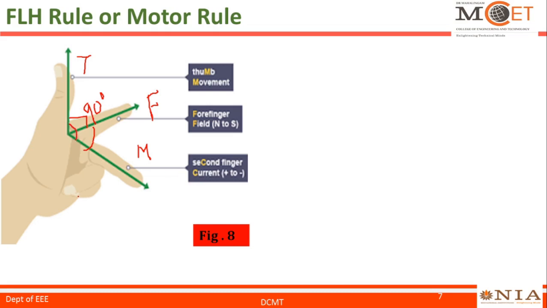That is the reason we say mutually perpendicular to each other. If we keep them so, the thumb indicates the movement of the conductor, the forefinger indicates the magnetic flux lines from north to south pole, and the second finger indicates the current.